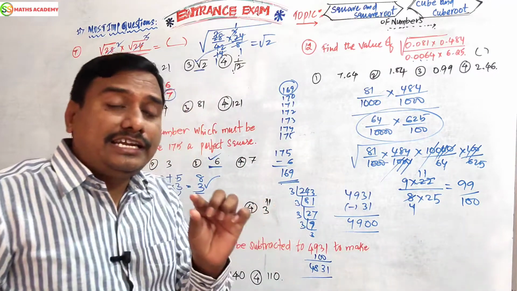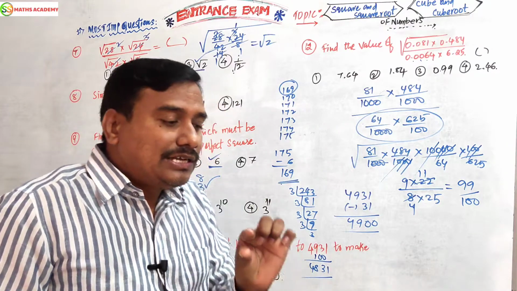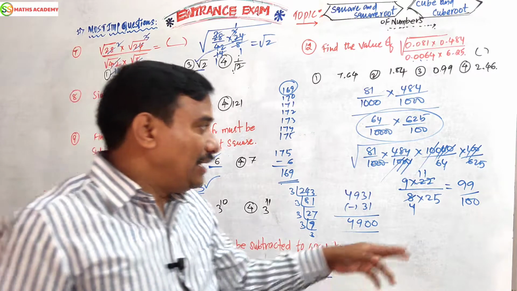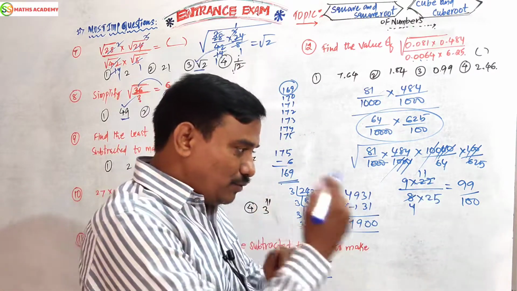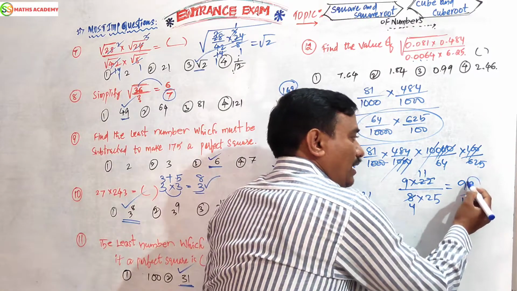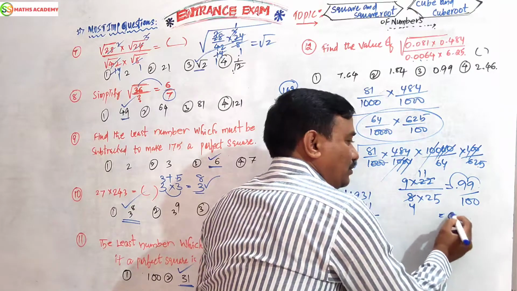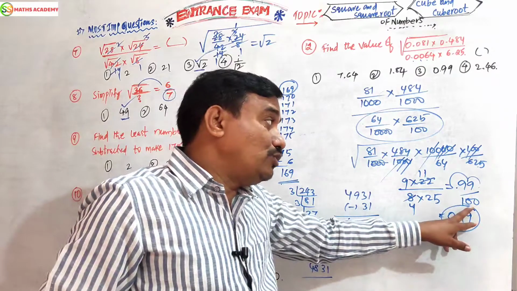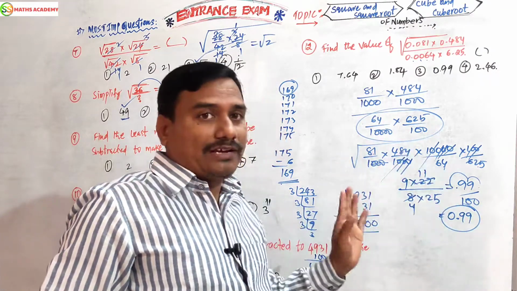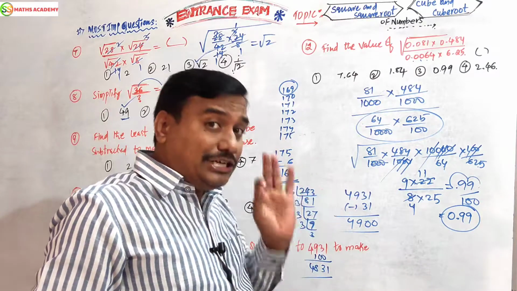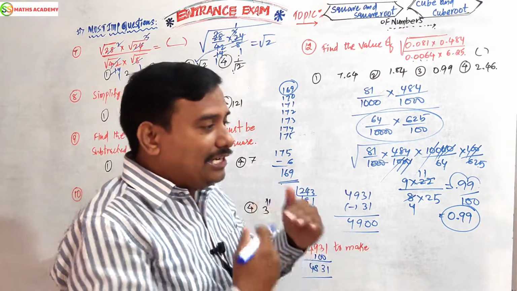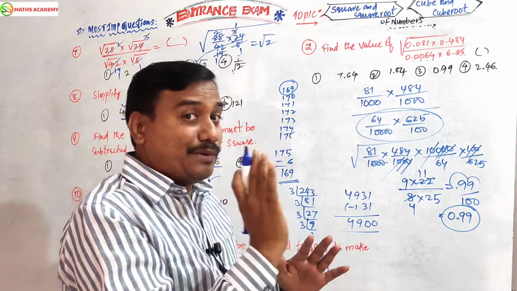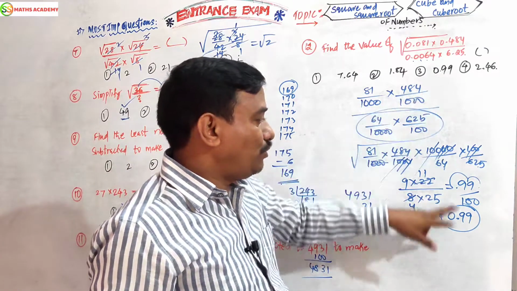When the denominator has zeros, the point moves back that many times. Here 2 zeros are there, so the point moves 2 steps back, so 0.99. When the denominator has 2 zeros, the point moves 2 steps back; 1 zero, 1 step; 3 zeros, 3 steps. In multiplication it will move forward, in division it will move backward. Remember, friends.